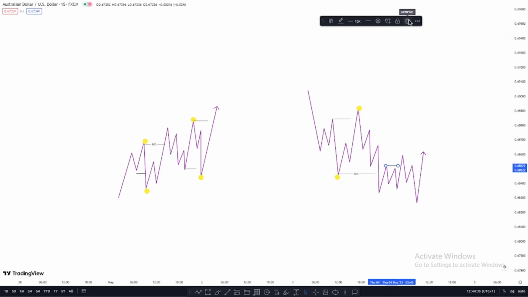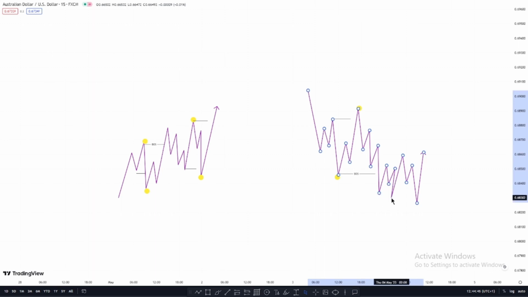For this first internal structure high to be relevant as being taken out, price would need to have come down to take this low out first. But in this case, look at what happened. So this is null and void. This is not your first internal structure high. And therefore this low is invalid.